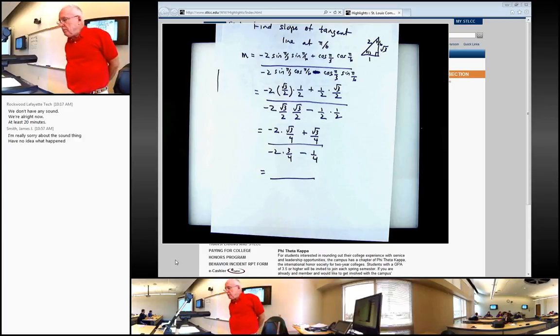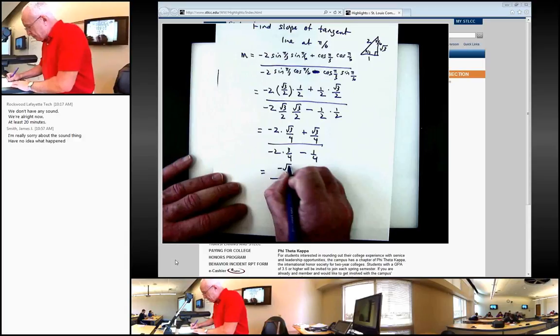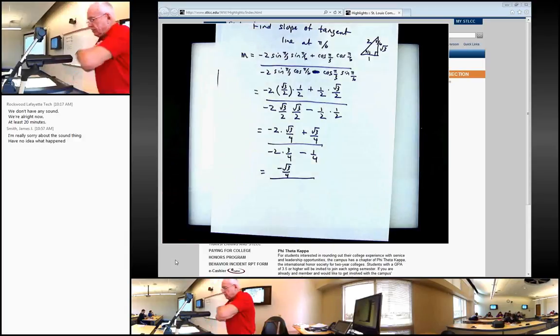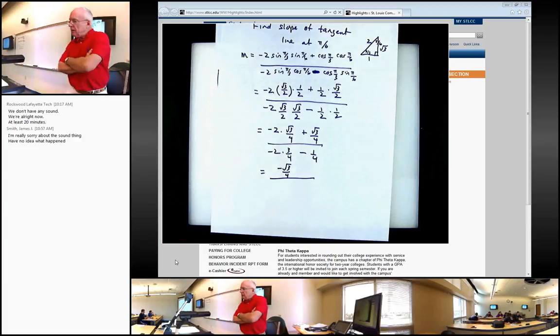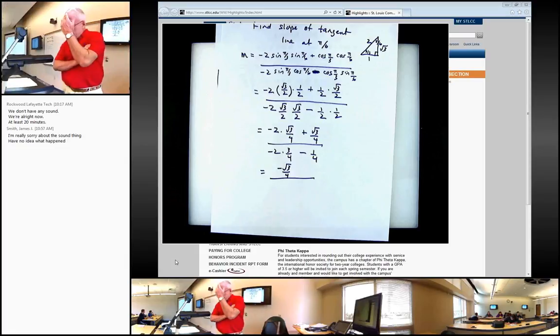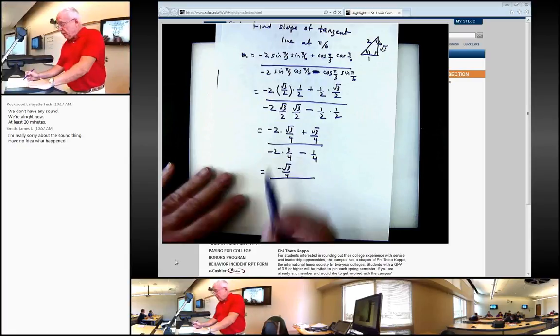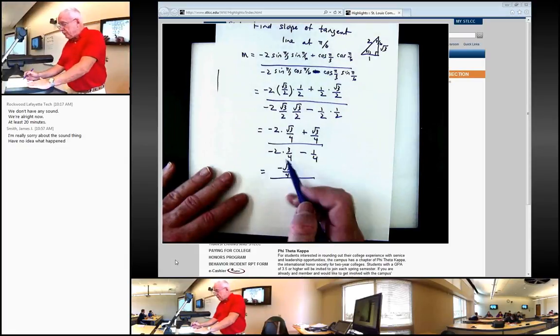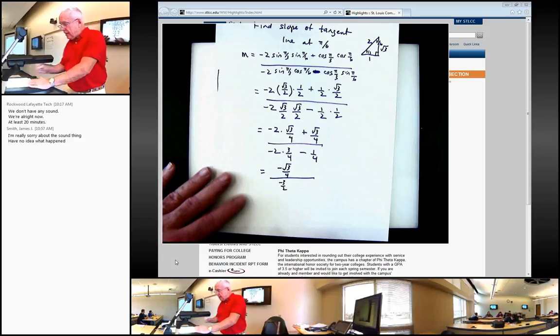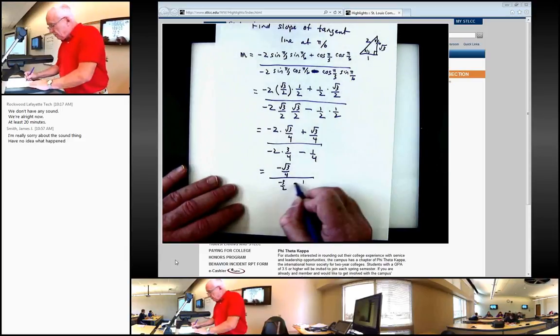So basically, when we combine them together, we have a negative square root of 3 over 4 on the top. Okay. The bottom, let's see, what do we have? This is what? Minus 6/4, that's minus 3/2, minus 1/4.